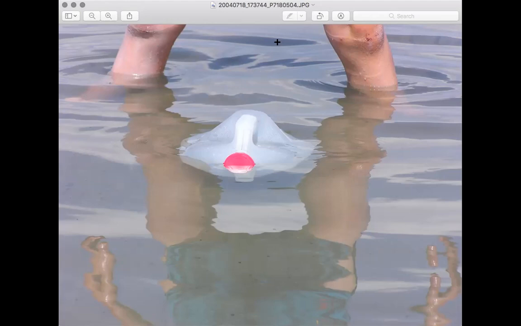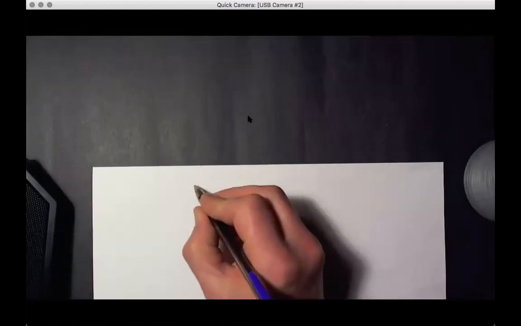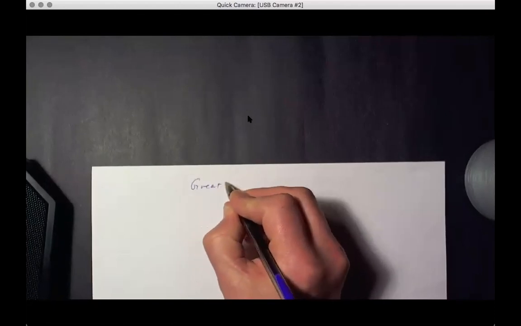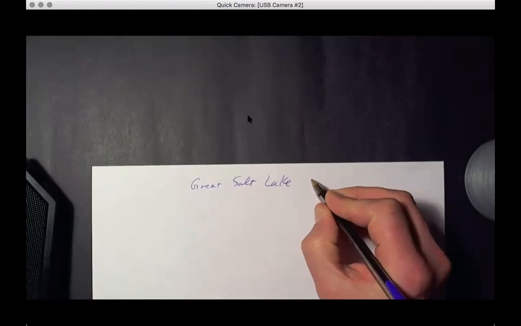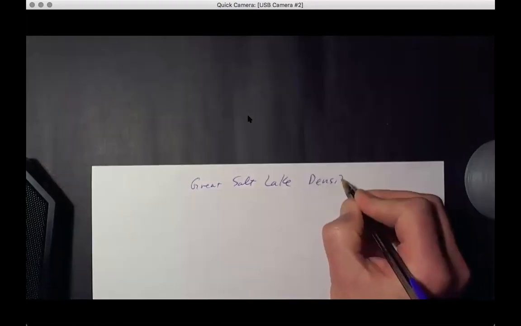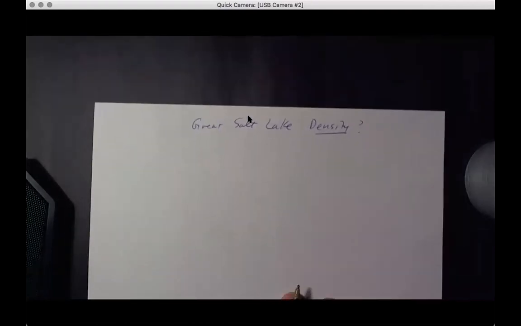But what we're really here to do now is think about this particular water. So let's flip this over and say Great Salt Lake ice density. And so let's begin.